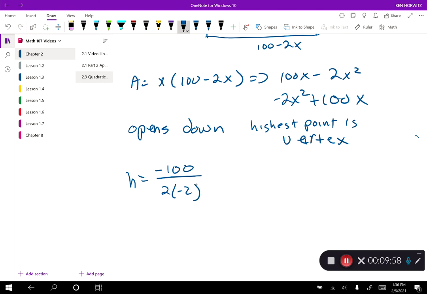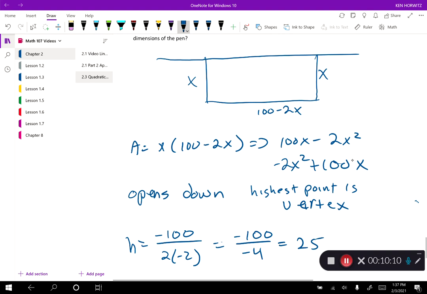So I have negative 100 divided by negative 4, which equals 25. That is the largest x could be. All right. So I can now take my drawing, and instead of putting x and x, I could put 25 and 25. And then 100 minus 2 times 25 is 50. So this could be 50.